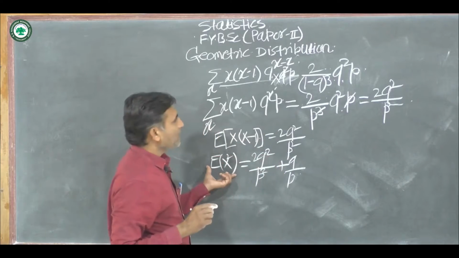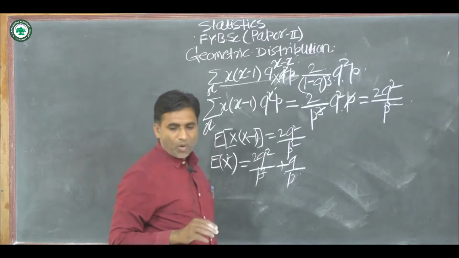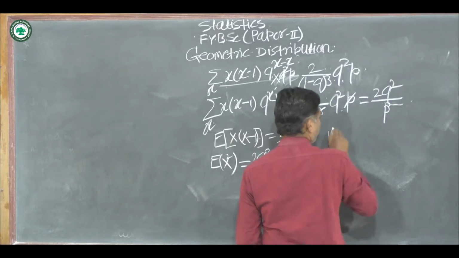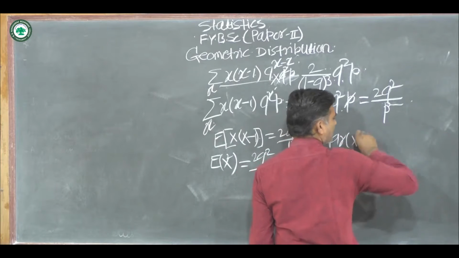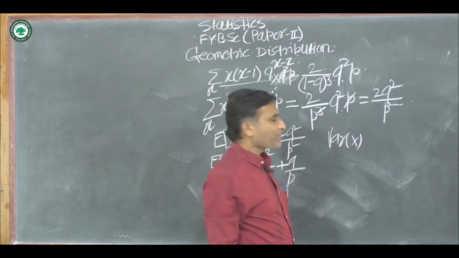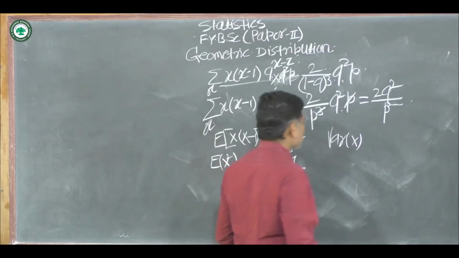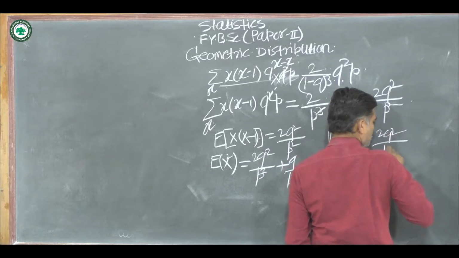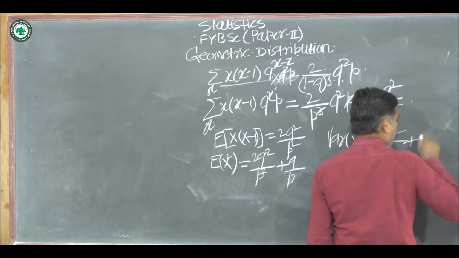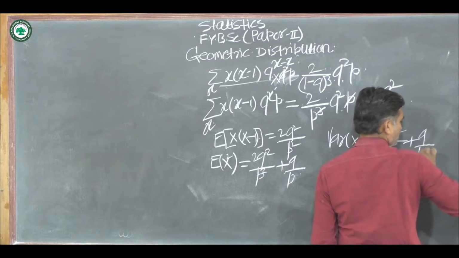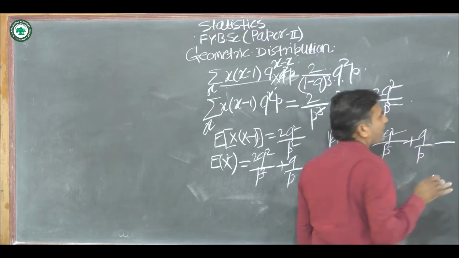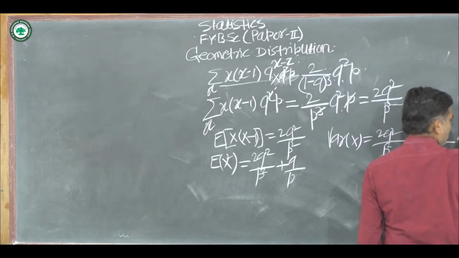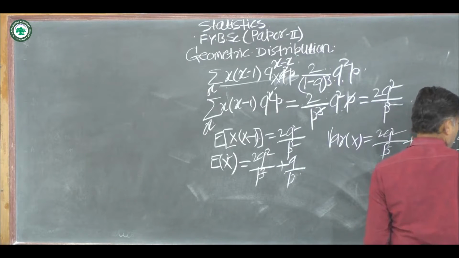This is the expected value of x square. Now we obtain the variance of random variable x. Variance of random variable x is equal to expectation of x square, that is 2 into q square upon p square plus q upon p, minus expectation of x its whole square, that is q square upon p square.